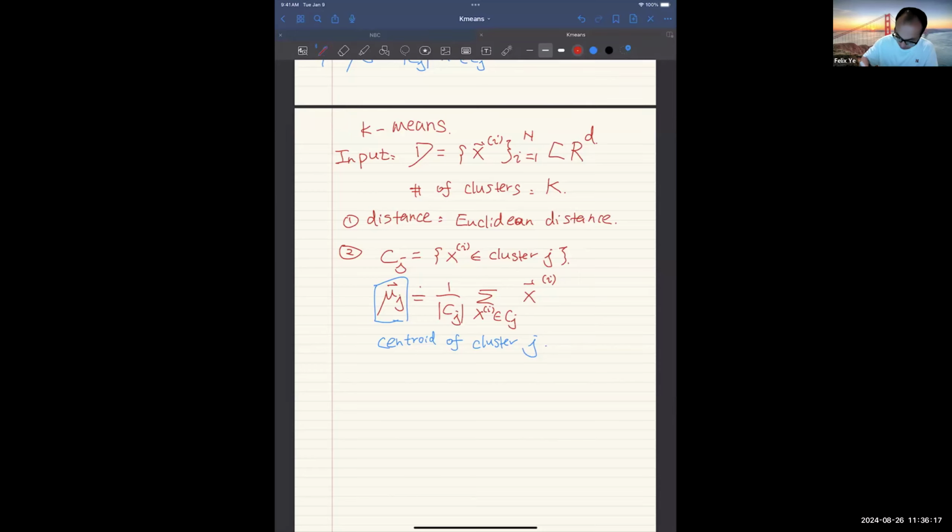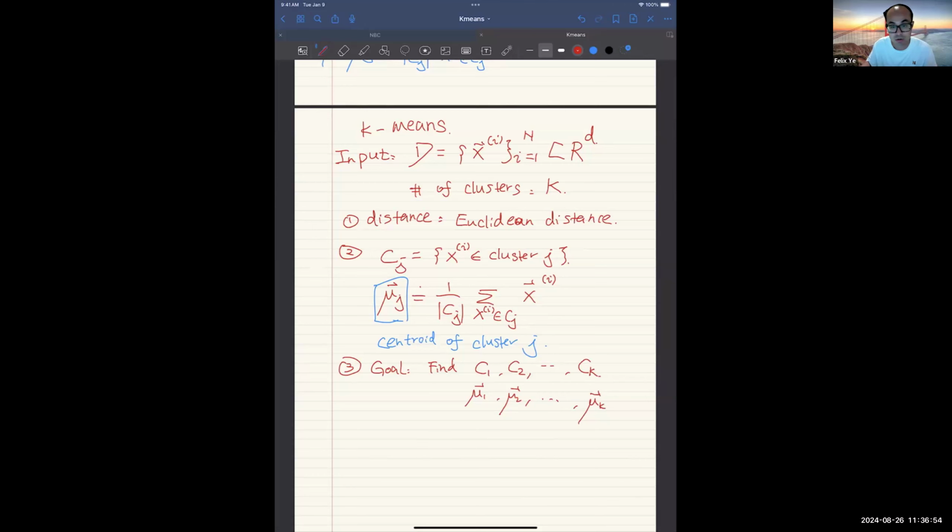All right, number 3 is we need to give the objective function. The goal is to find the K clusters C1, C2 to CK, and also their corresponding centroids, which are mu1, mu2 to mu k.